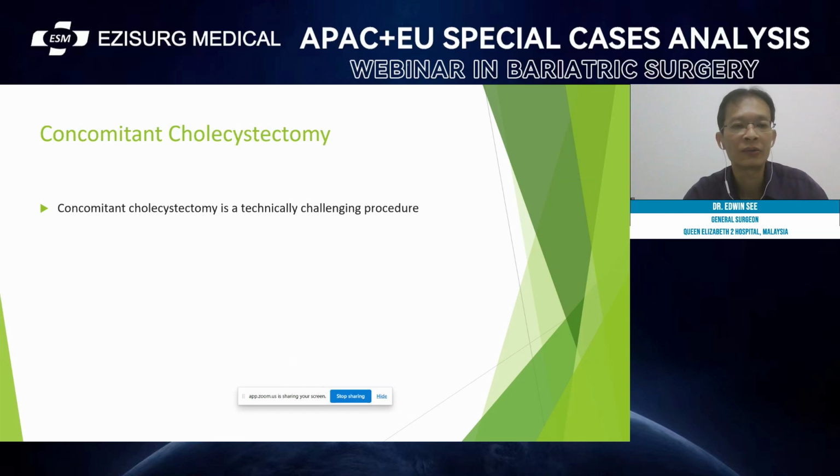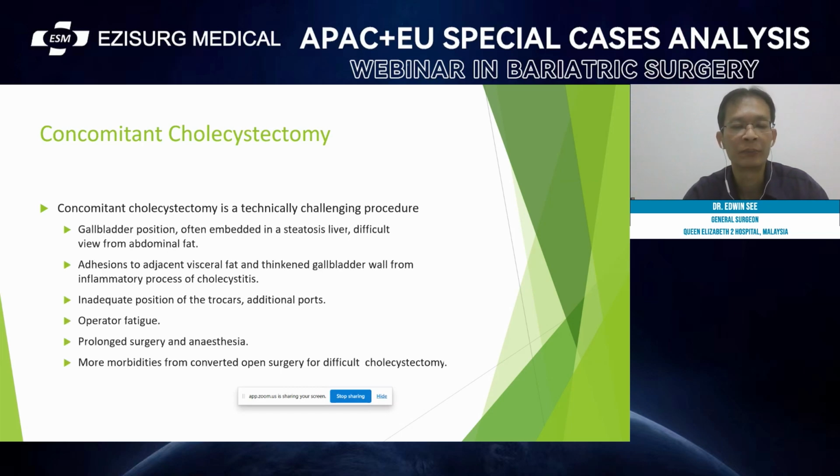Now, coming to concomitant cholecystectomy, why is it a technically challenging procedure? This may be due to the gallbladder position, as it is often embedded in a large steatotic liver, making a difficult view from the abdominal fat. There may be adhesions to adjacent visceral fat and a thickened gallbladder wall due to previous cholecystitis.